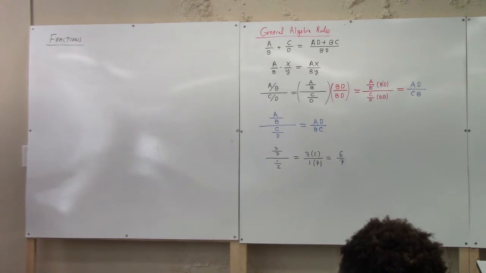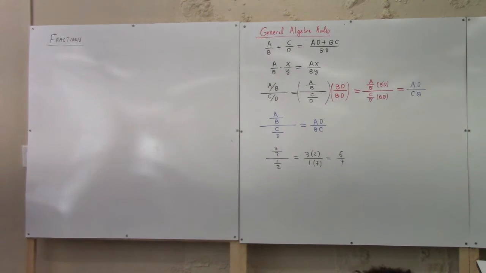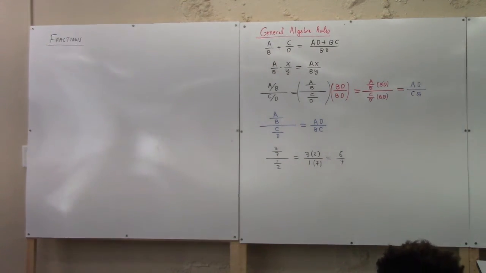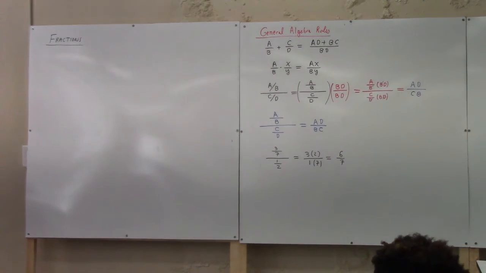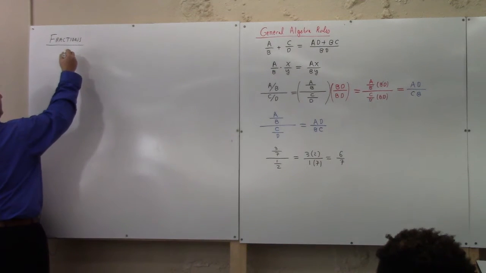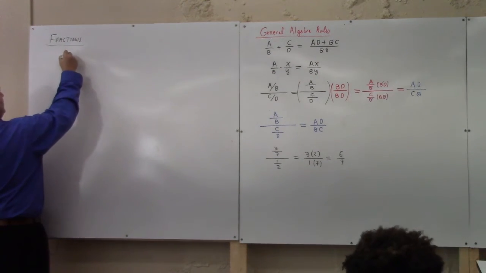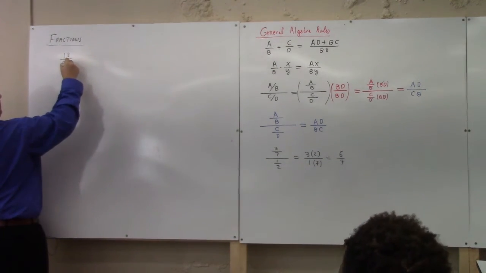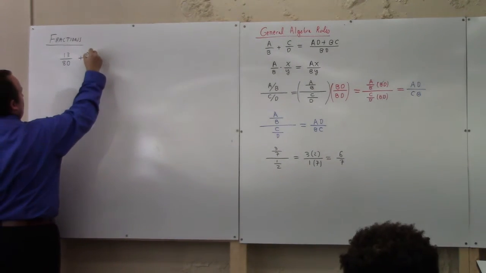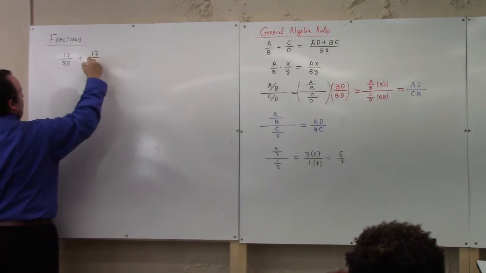Which is what chapters 5 and 6 are about. They're about how do we deal with rational expressions. A rational expression, we're going to see it's like a polynomial divided by a polynomial, right? So we're going to work on how to work with those. One more numerical example, though, before I get to it. How about this? What if I had something like 13 over 80, plus 17 over 100?